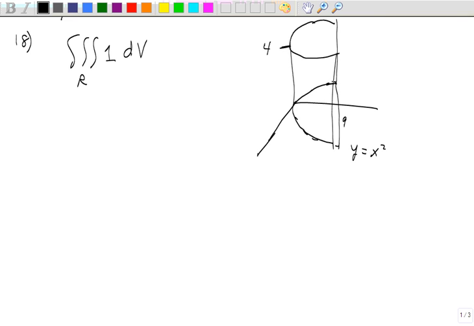So it's a U-shaped kind of piece of paper, and so my z goes from 0 to 4. My y is going this way from 9 to x squared. Nine's larger.